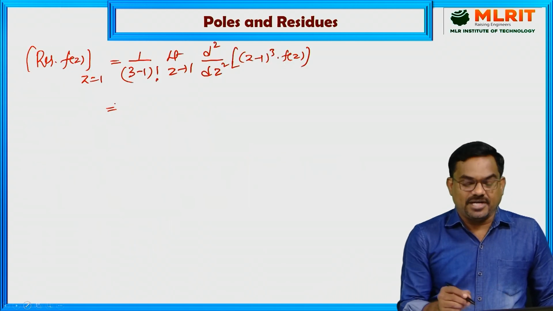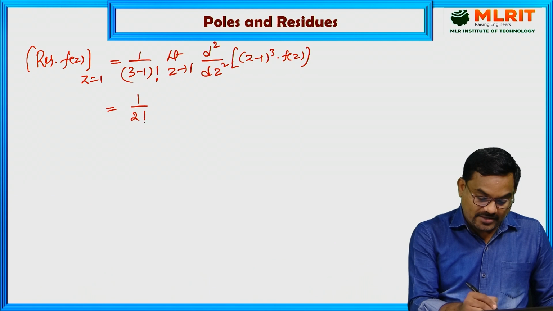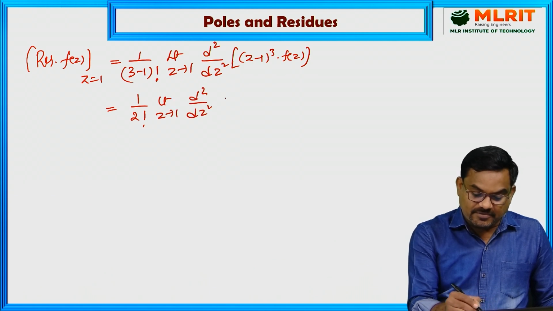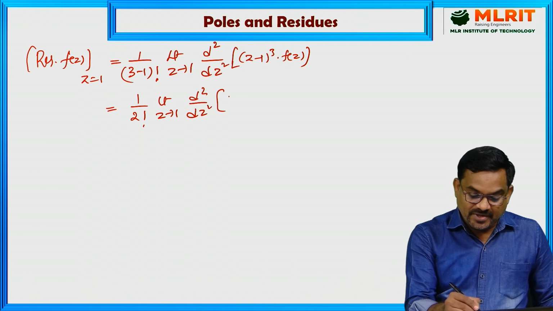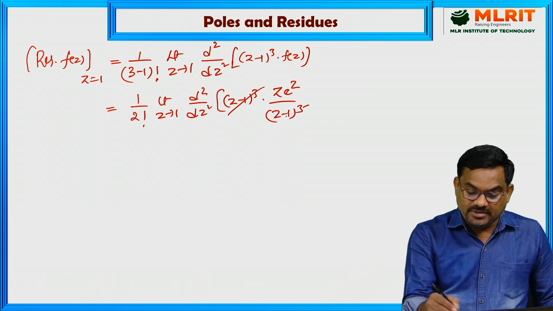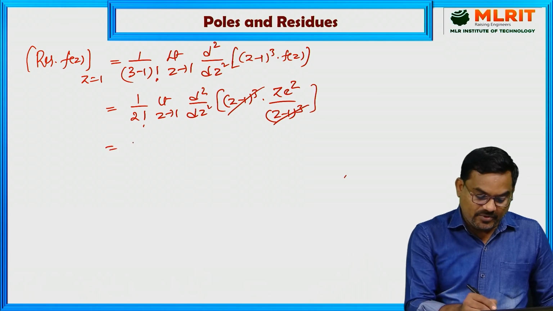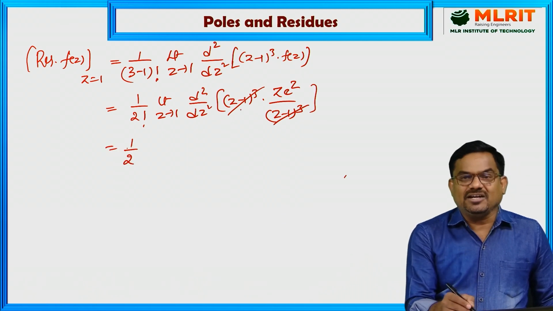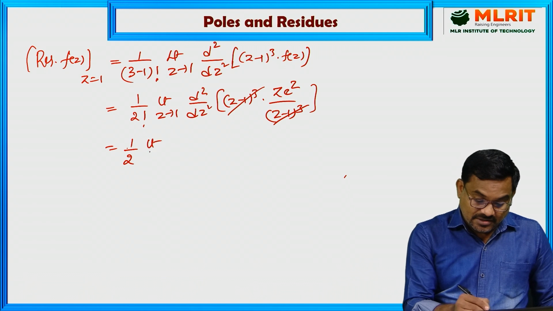Z e power z by z minus 1 whole cube. So 1 by 2 factorial limit z tends to 1 d square by dz square, that means the second order derivative of z minus 1 whole cube into z e power z by z minus 1 whole cube. These two get cancelled.